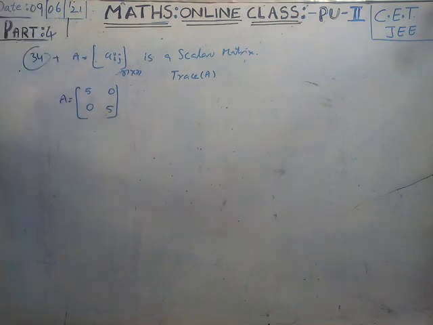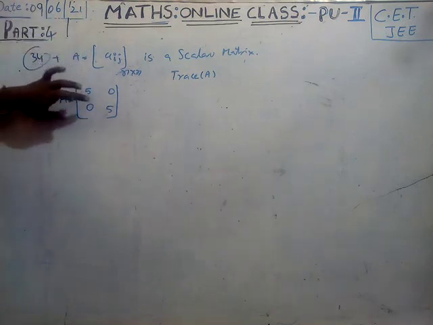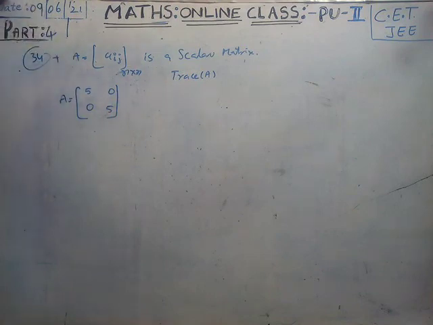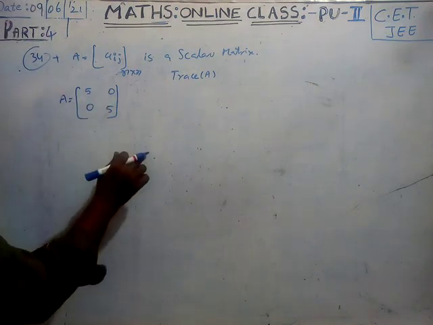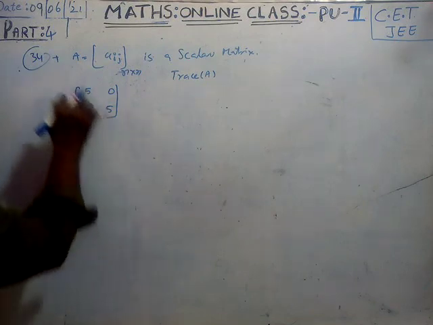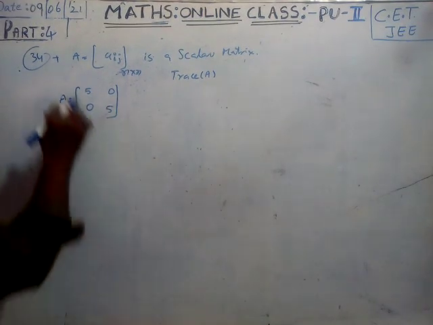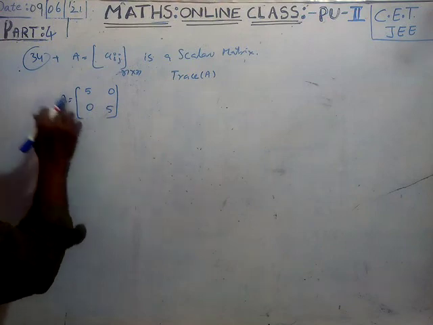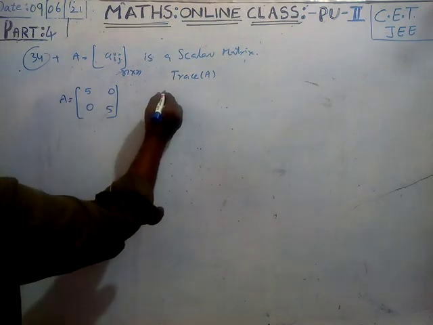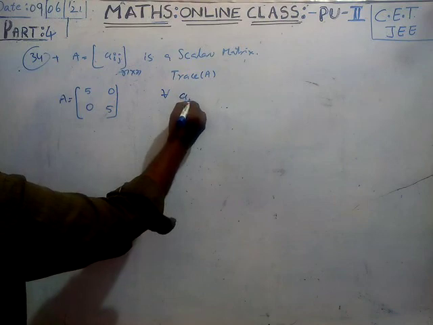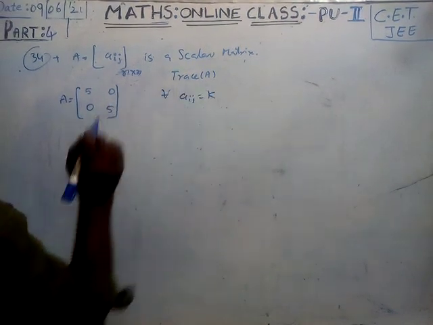If in the diagonal matrix all the elements of the diagonal are the same, repeated 5, 5 only, or 6, 6 only, or any k, k only, or any alpha, alpha only, then it is called a scalar matrix.